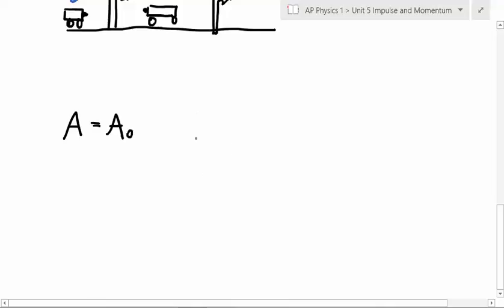What would that look like? Remember, the general equation for a line is y equals mx plus b. So what would you graph if you had A equal to A initial?